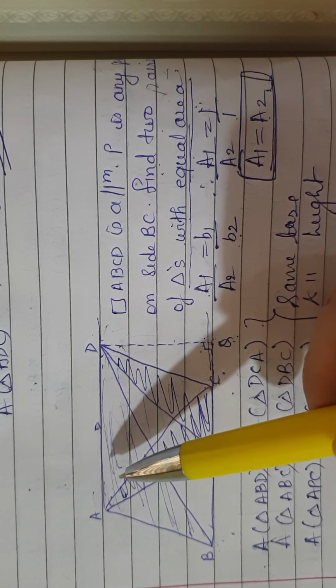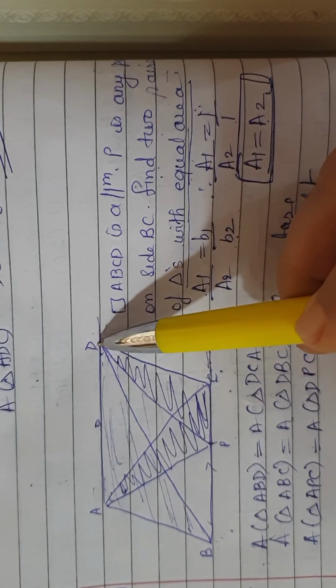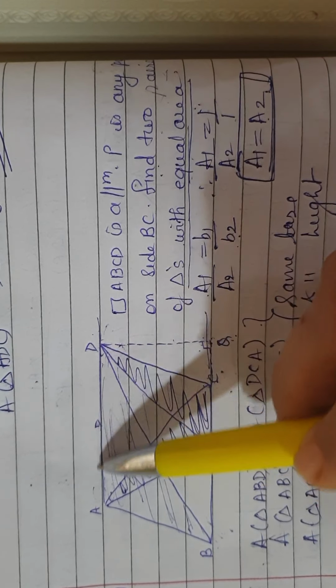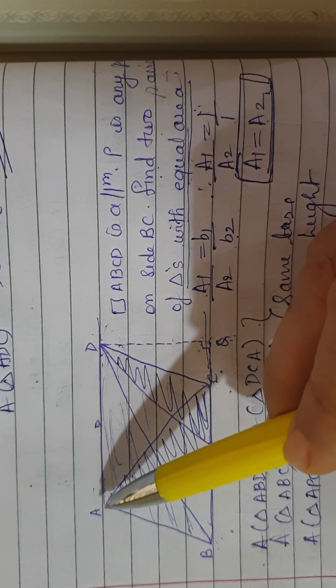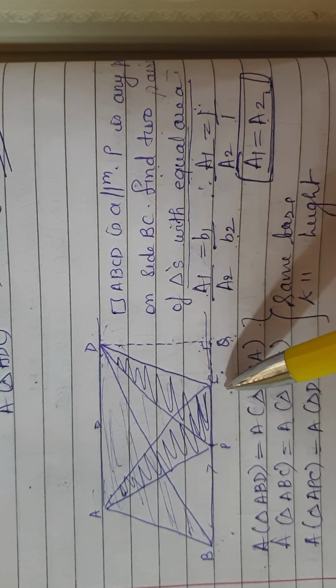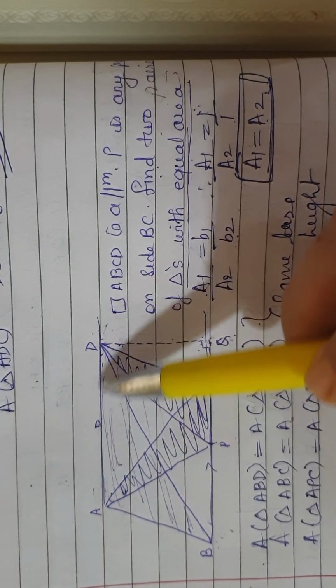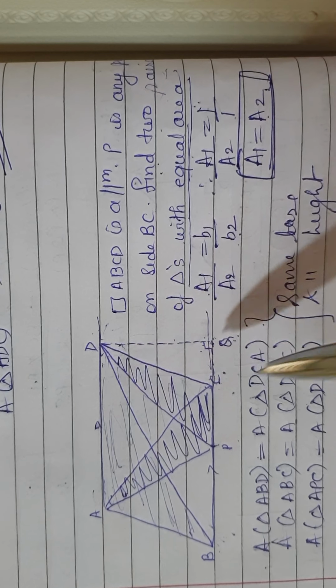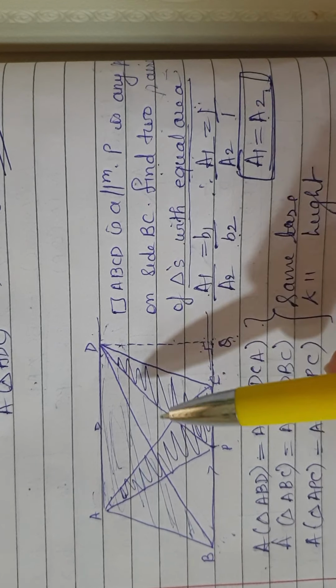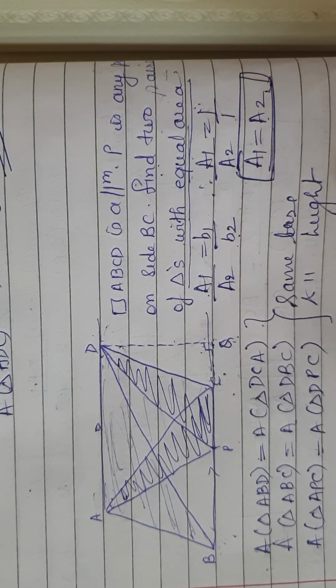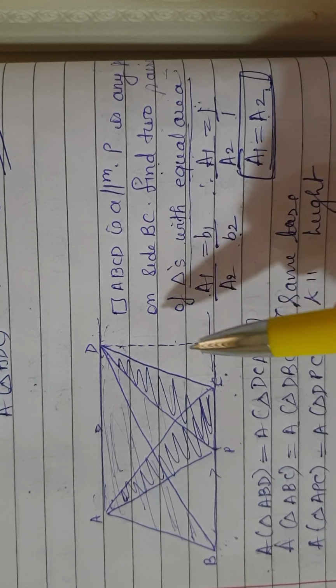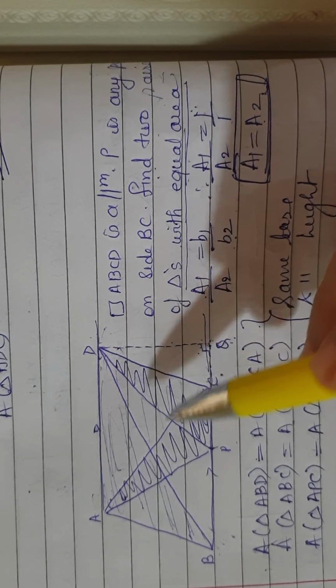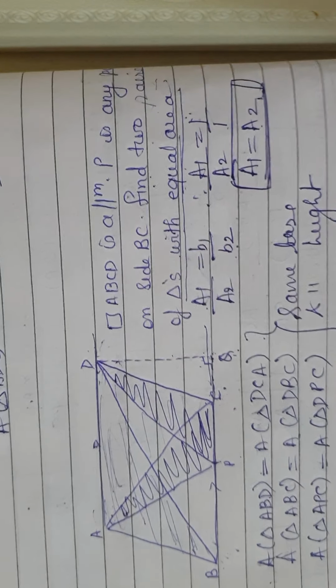Now I can take one more if you want. Look at triangle ABD where the base is AD, and look at triangle ACD. Again, the base is the same. So even their areas will be equal. So areas are equal when the bases are the same and the heights are also the same. Now why are the heights the same? Because they lie between the two parallel lines.